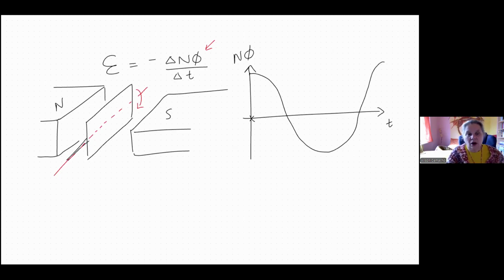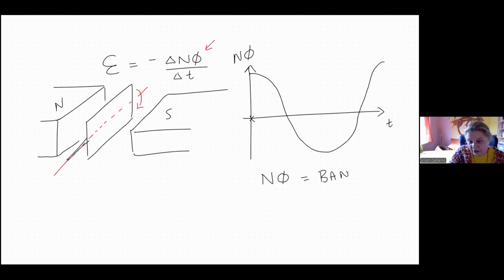Okay, so if I were to write an equation of how this is changing with time, I would say that my flux linkage, this is a function as a function of time. Can you see? It's BAN. The BA is this. The N is this.